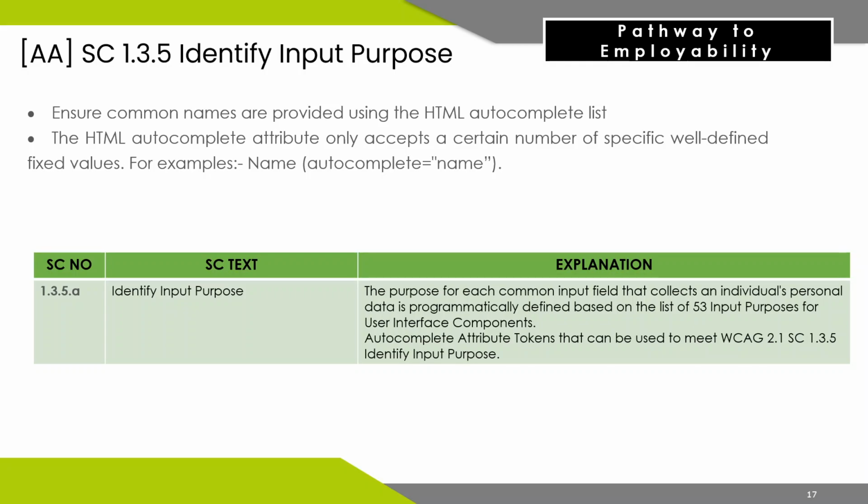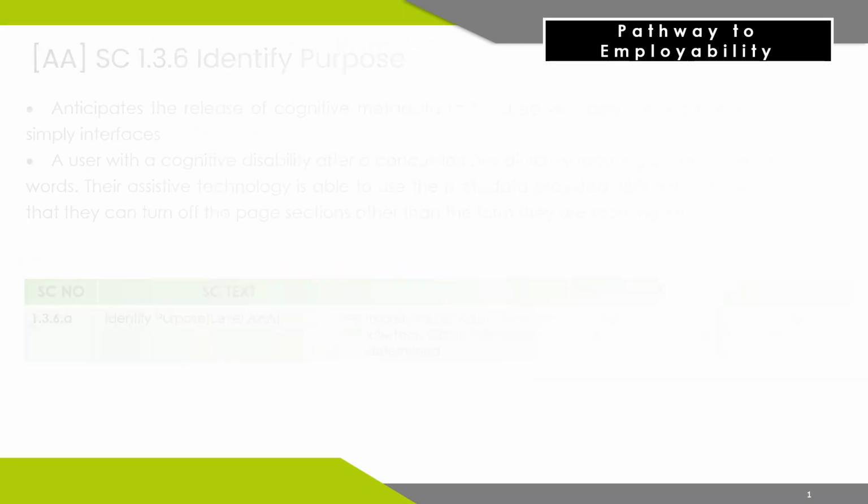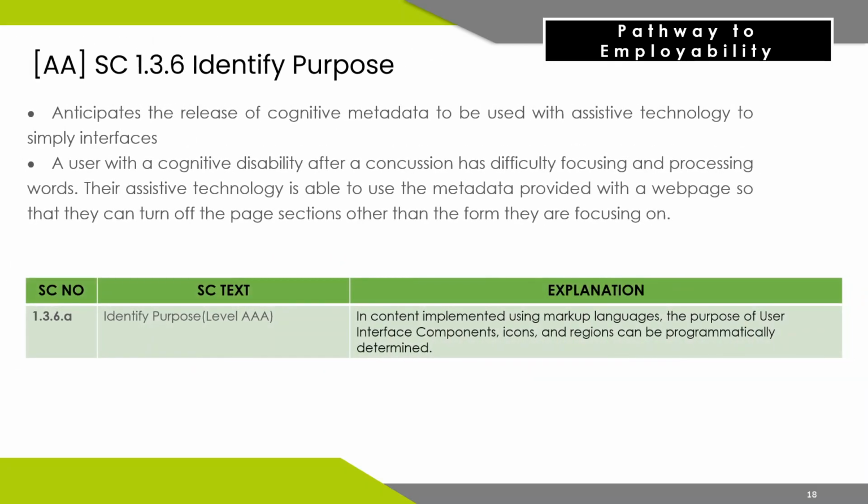Autocomplete attribute tokens that can be used to meet WCAG 2.1 SC 1.3.5 Identify input purpose. The requirements for success criterion 1.3.6 Identify purpose are 1.3.6.a Identify purpose, level AAA. In content implemented using markup languages, the purpose of user interface components, icons, and regions can be programmatically determined.